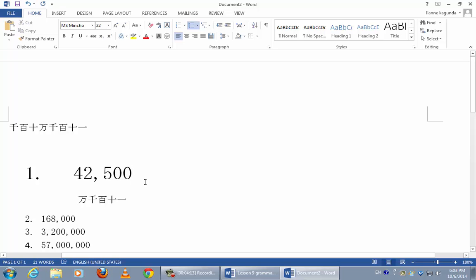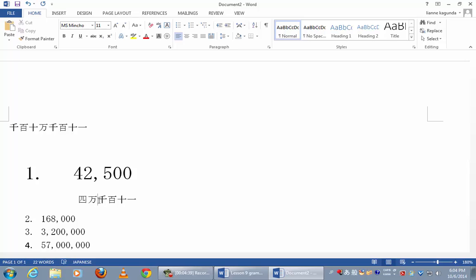Okay, how would you then convert it into Japanese? Where is the yon going to go? In front of the man. Right here, okay? So let's switch over here to the Japanese setting. So you can put in the yon here, right? Yon man. Okay, and then what do we need next? Nisen, right?